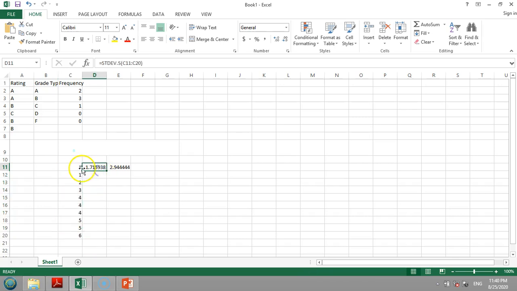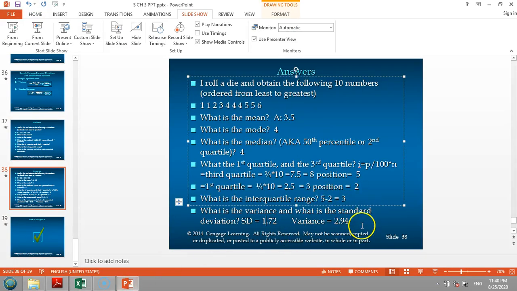This will give me the standard deviation of those numbers. The mean is here. 3.5 is the average, the mean. The standard deviation is this, and if I put this squared, this is the variance. So that's how I got these. Otherwise, you can just do the math and plug in the formula.